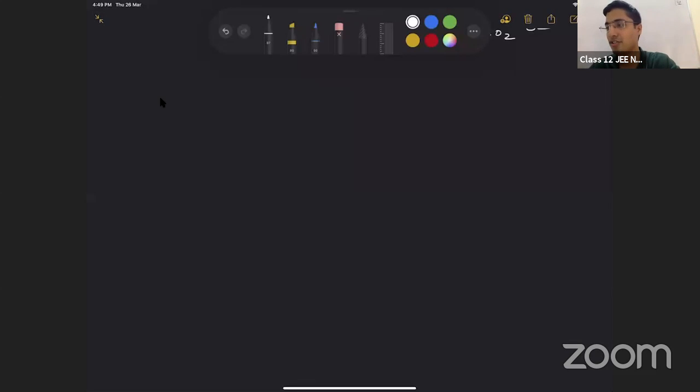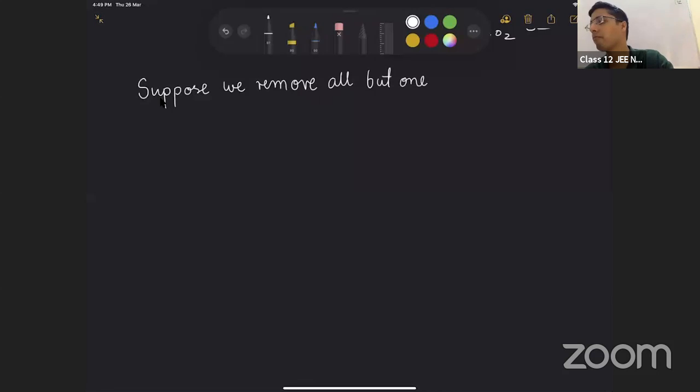Okay. So suppose we take out all molecules, we remove all but one molecule in a gas container.